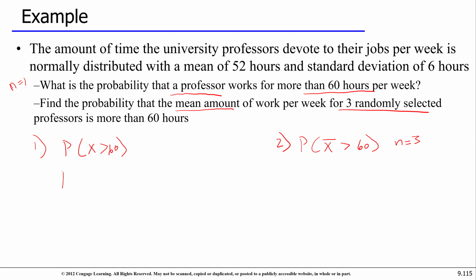So you standardize both. So X bar minus mu over standard deviation, greater than 60 minus 52. I got 52 from the problem itself. Standard deviation here as well. If I reduce all this down, it's the probability that Z is greater than 1.33. Because it's greater than, we have to use the complement rule.